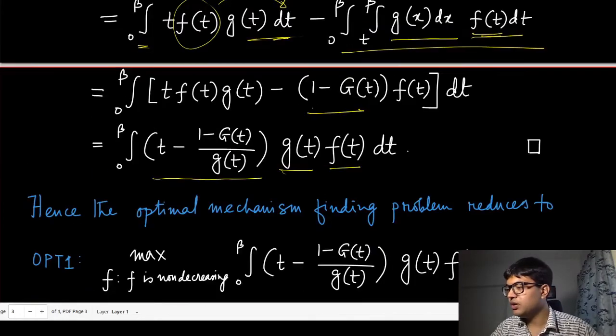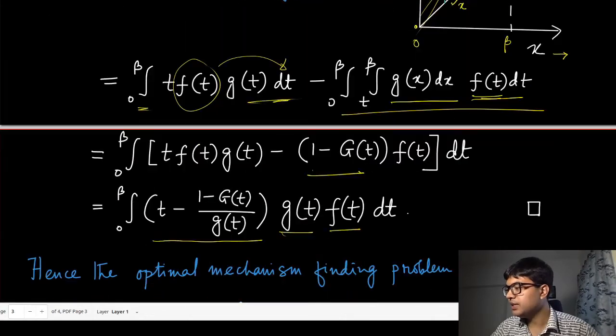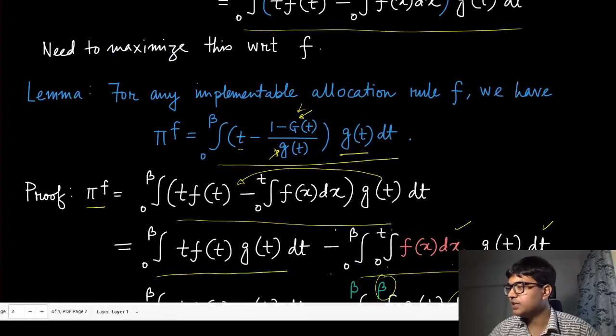So this integral formula has this expression here, and that is the expected revenue. Essentially f(t) was missing here, so it should be here.